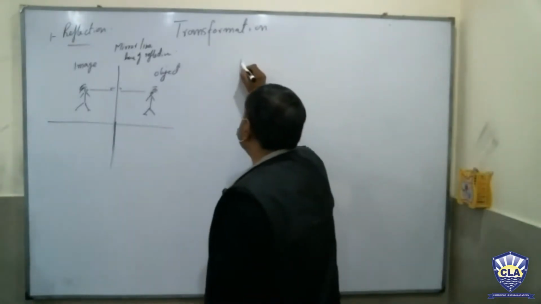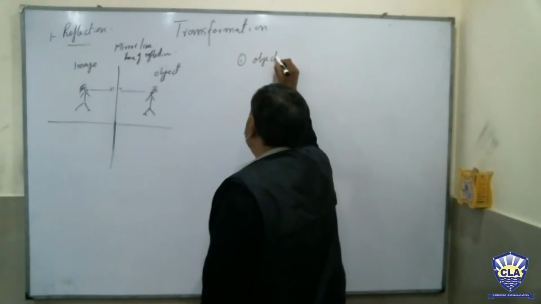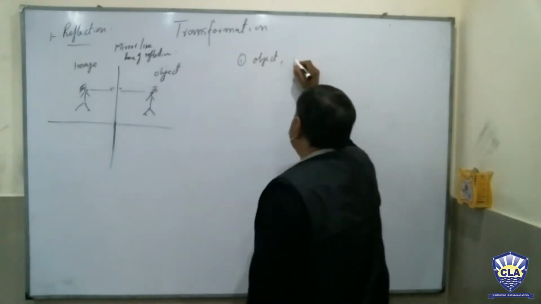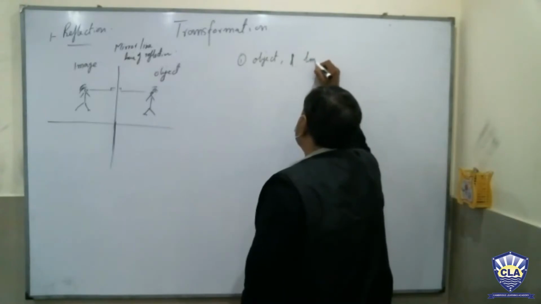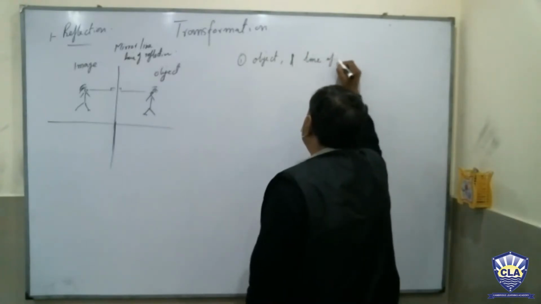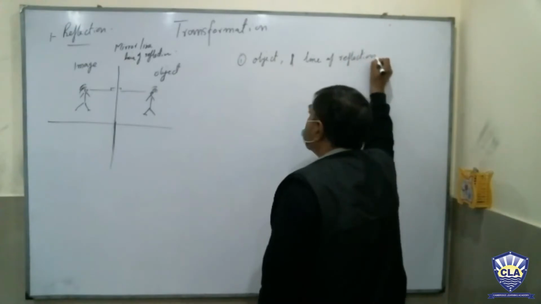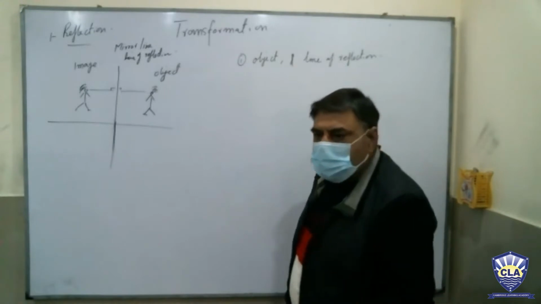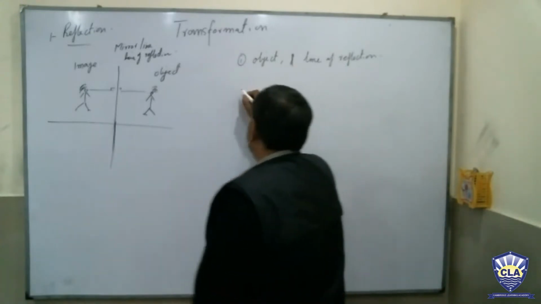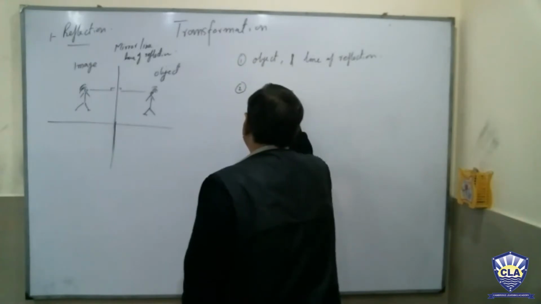Number one, I need an object to reflect, and a line of reflection. The line of reflection may be the x-axis, maybe the y-axis. Number two, we will get the image.